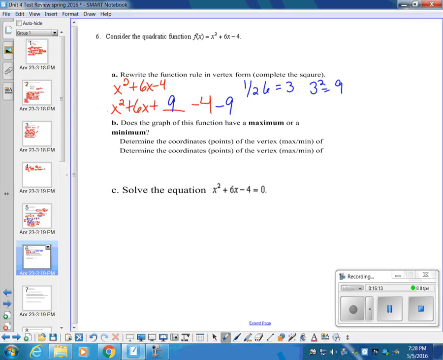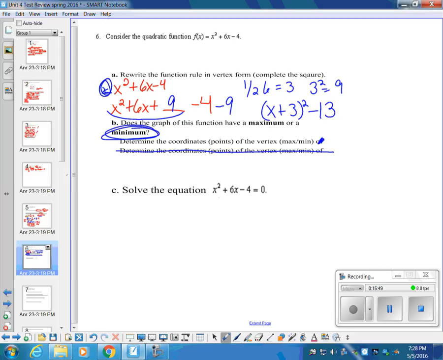Now I've got to factor that part. So I get x plus 3 squared, and what's negative 4, minus 9? Minus 13. Okay, now does it have a max or a minimum? Well, positive is sitting in front of that, so I have a minimum. Now what's my vertex? Determine the points of the vertex.